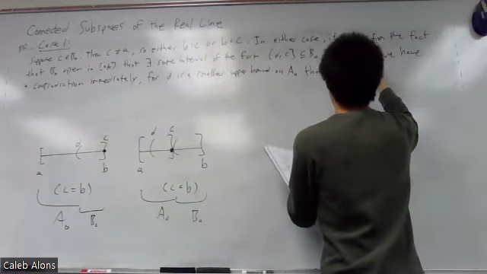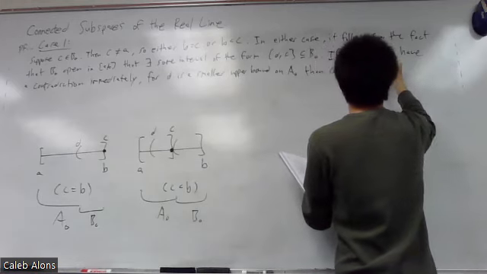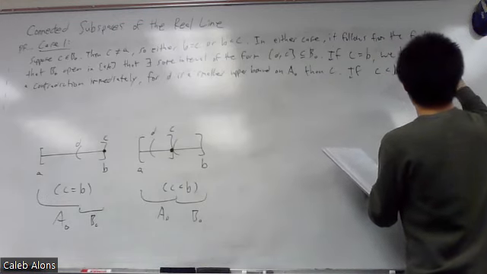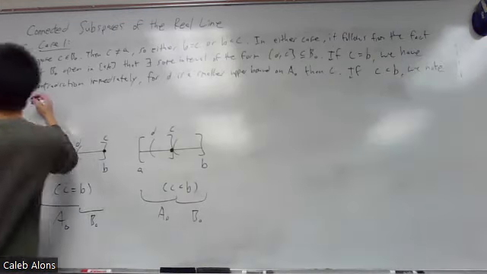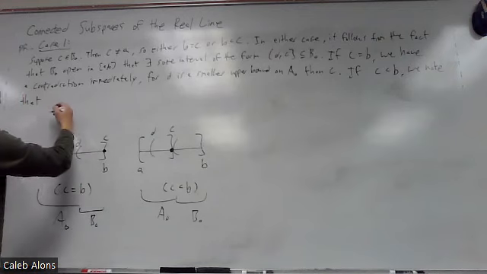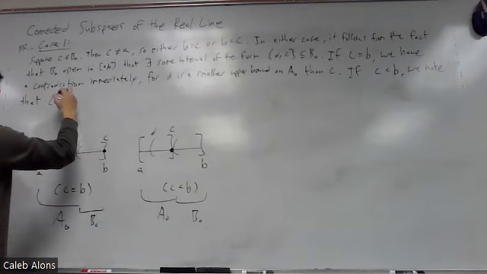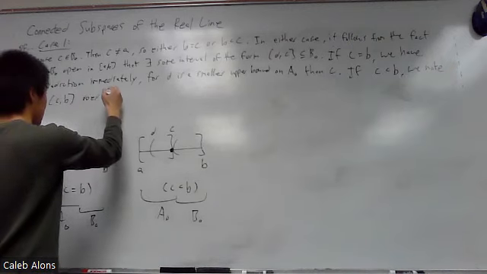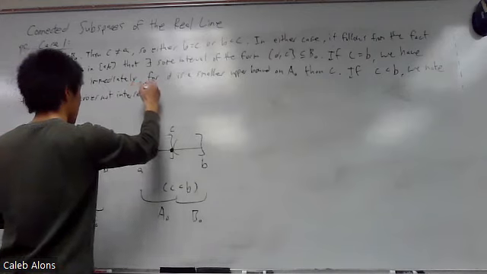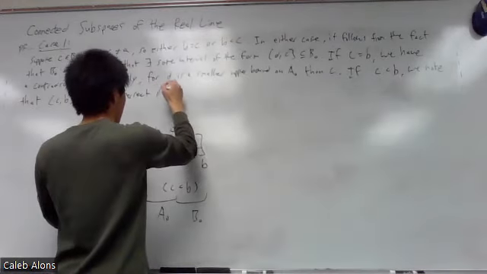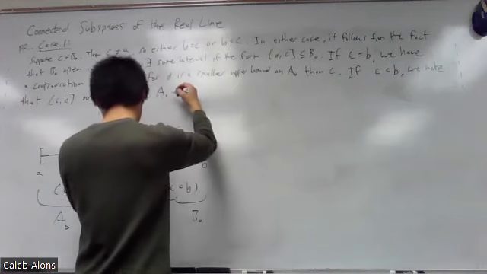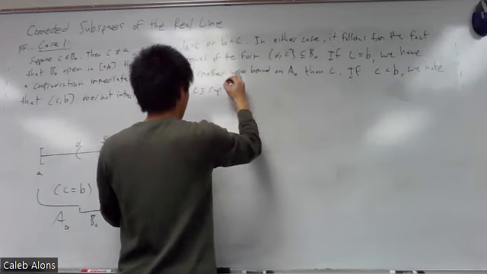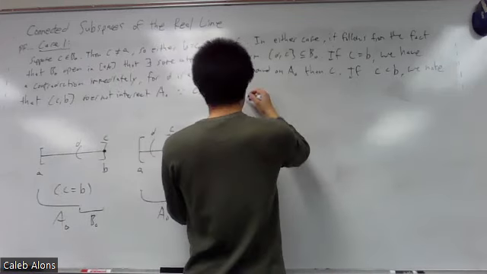Okay, and then now we need to do the other case, right? So if C is then less than B, we note that this interval C to B does not intersect the other piece of the separation, because we're still assuming it's separated, because C is defined to be the supremum of A naught.